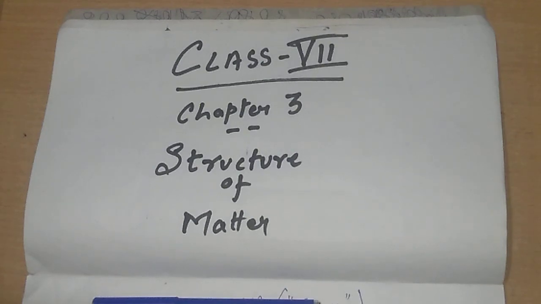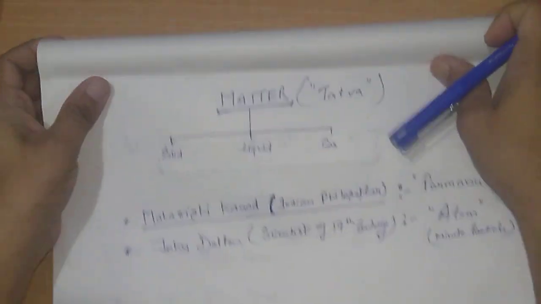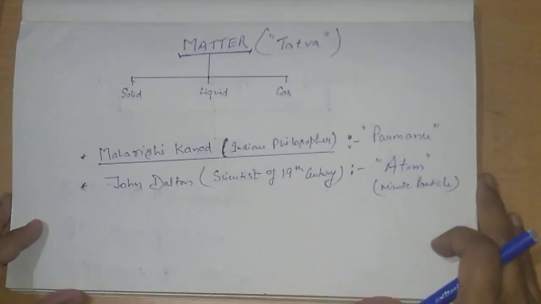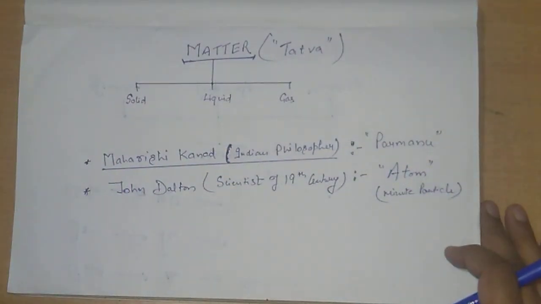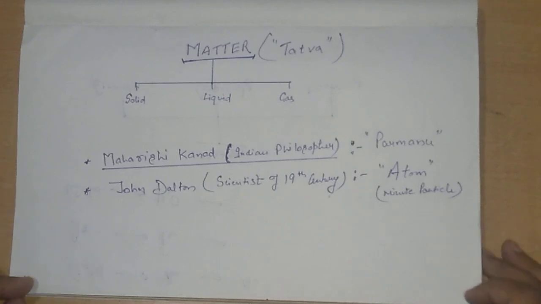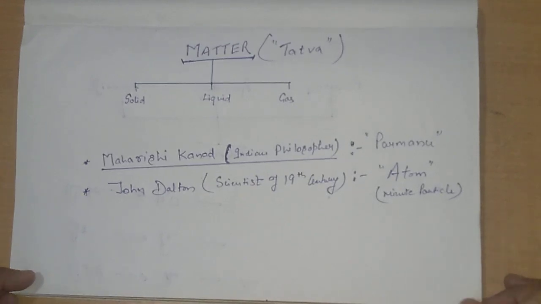First of all, we need to understand what is matter. Clear? To understand this, let me tell you some basic things and basic terms which you might have heard about. There is a Sanskrit term tattva. Clear?